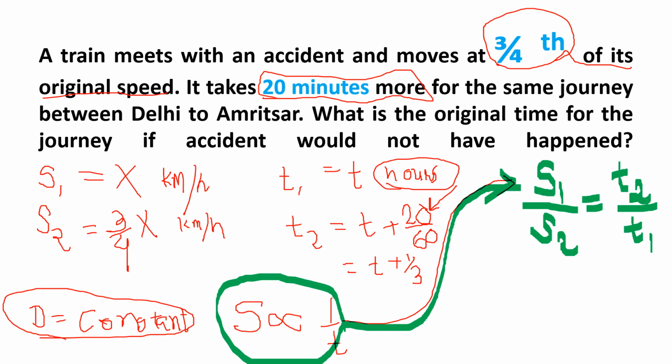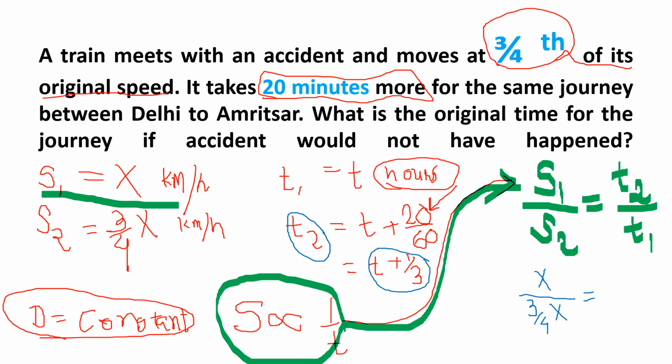Right? Now, S1 is x, S2 is 3 by 4x, T2 is t plus 1 by 3, divided by T1, which is t.